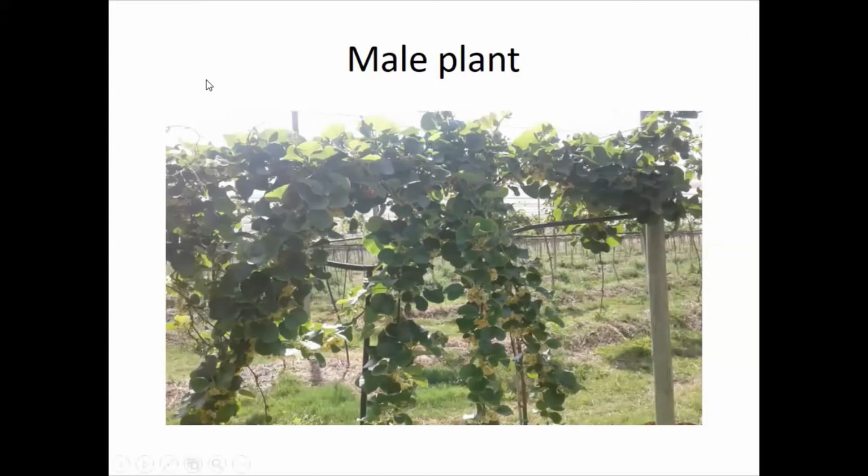Some guys in the olden days used to plant 8:1, 8 females to 1 male, but because that didn't give them much yield or quality in terms of size, the ratio went down. Some did 1:1, some did 3:1, some 4:1. But the most popular one now, I think, is 4:1.